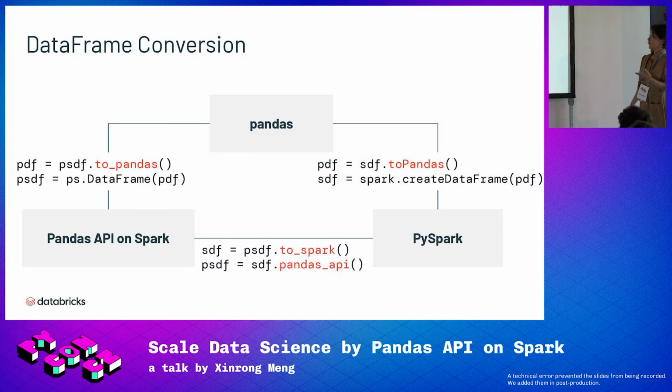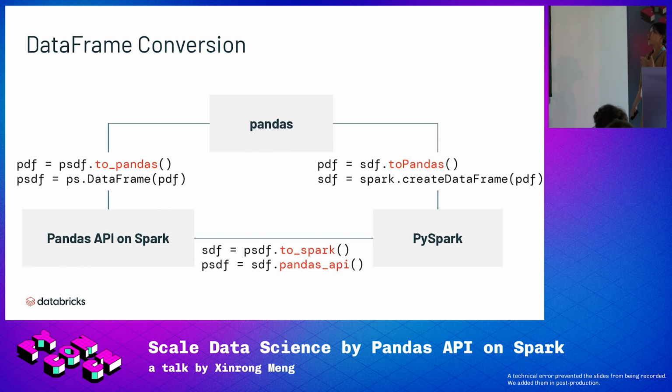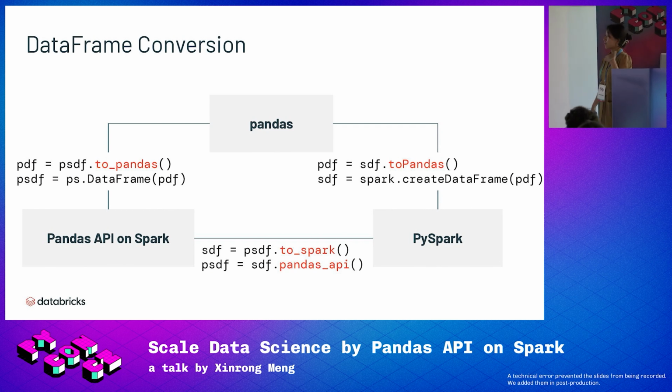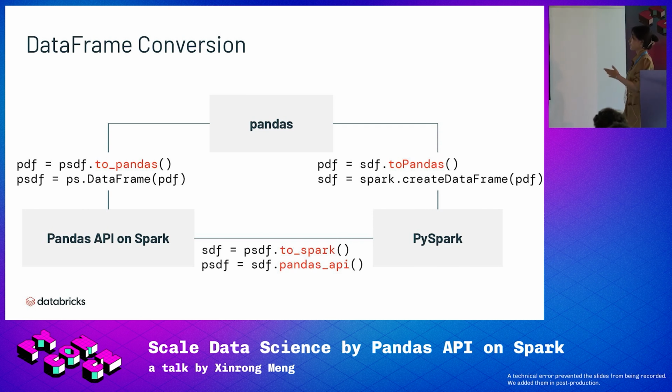So the graph shows how we can do conversion among frames in Pandas, Pandas on Spark, and PySpark. For example, both Pandas on Spark frame and PySpark frame can be converted to Pandas frame via the toPandas method.